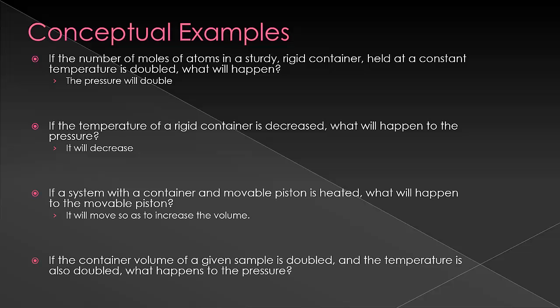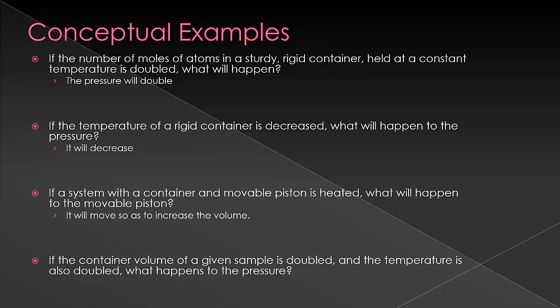Now if the container volume of a given sample is doubled, so now we're taking a sample and putting it into a container which is double the size. So maybe we've expanded the container out, maybe we've given it a new container, maybe we've attached a container of the same size to it and let it go in between both, something of that sort. We've doubled the volume. The temperature is also doubled. What happens to the pressure?